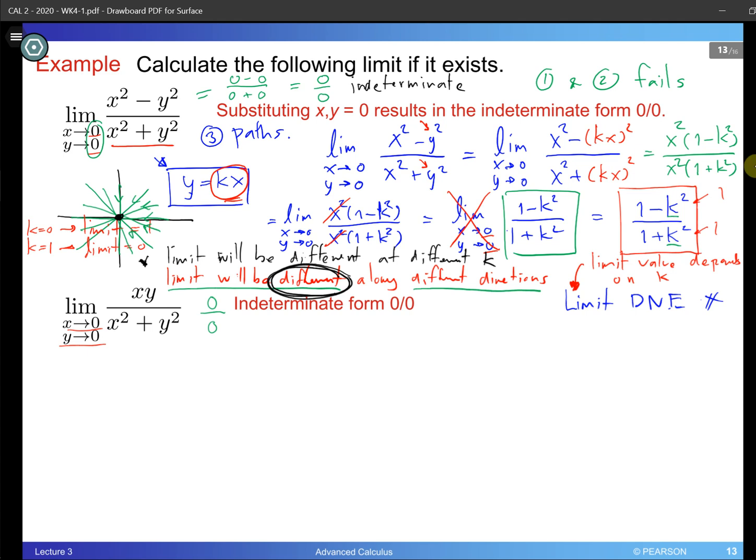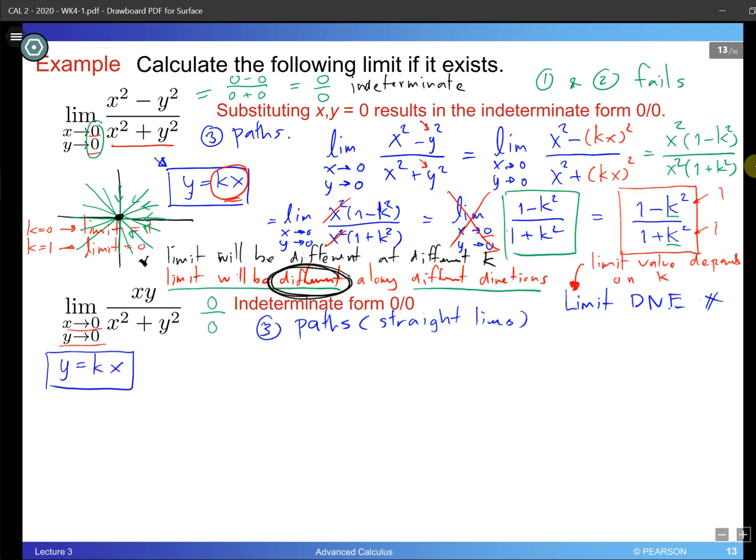So I'm going to try number 3 again: different paths, and in this case, straight lines again, represented once again by y equal to kx.